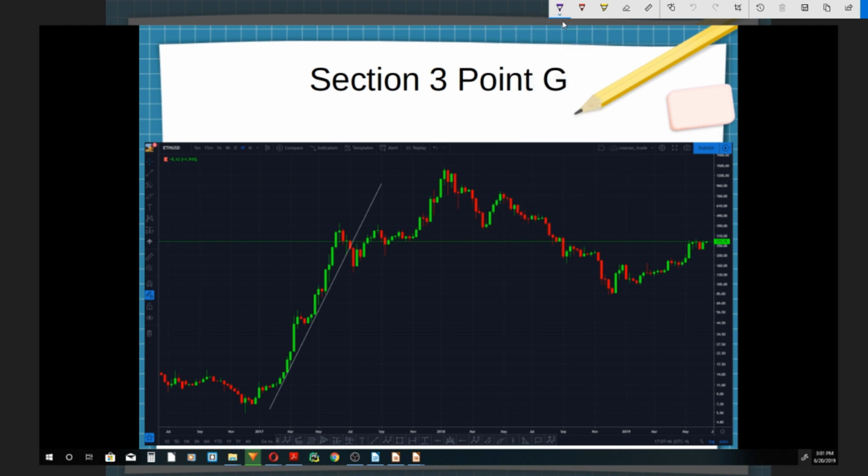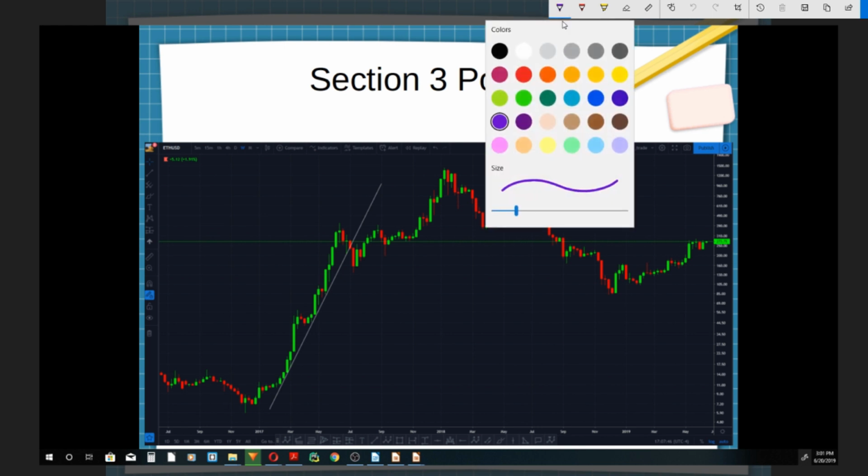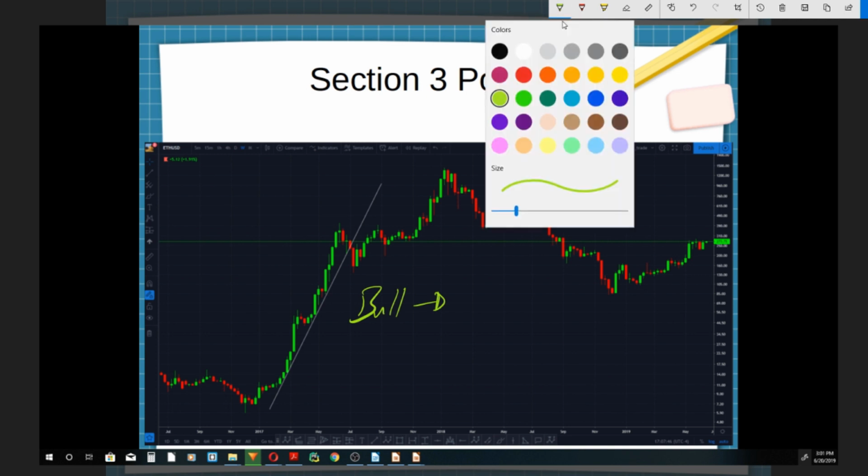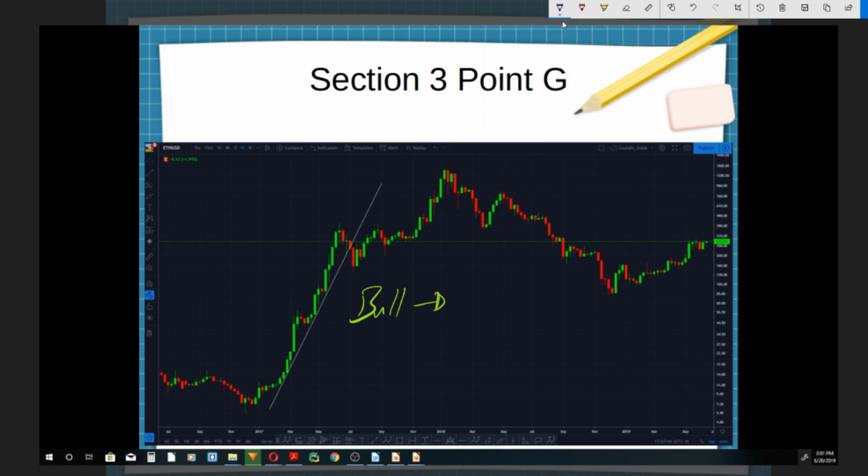Here, because this is an extremely steep, sharp trend line, this violation, yes, we had a change of the trend, but it's a change from a bull trend to a sideways.